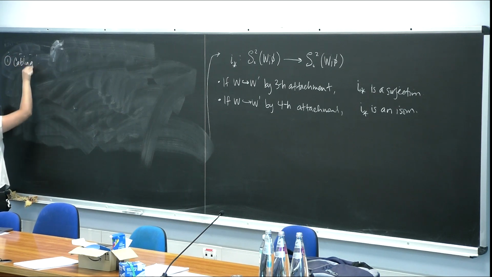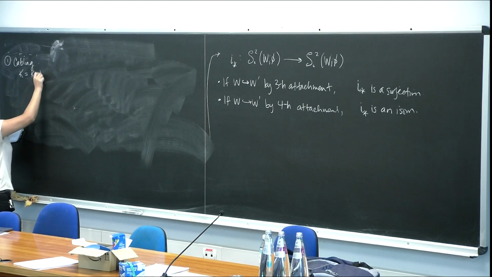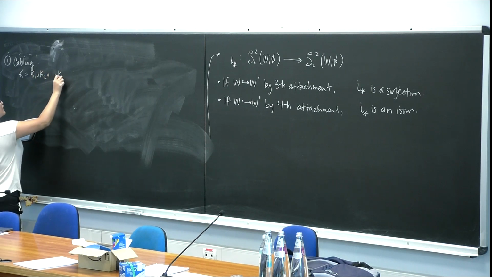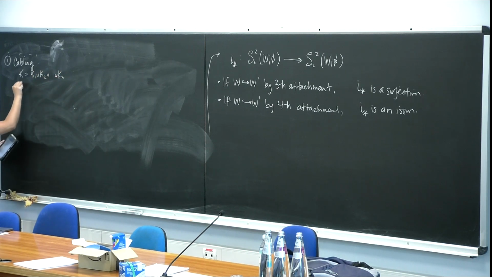The first part of this was cabling, right? So if K is actually the components K1, not disjoint union, right? Linked union with Kn, you can have K minus, which is like a vector that keeps track of how many of each of these components are anti-parallel to the orientation of each of the components of the link.